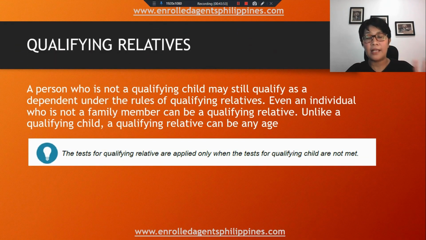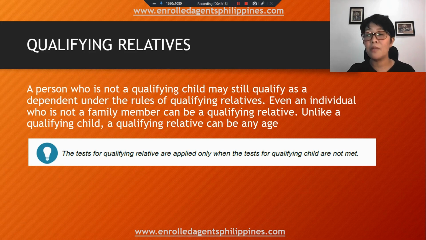So, okay, na-touch na natin qualifying child. No? So, punta naman tayo, qualifying relatives. Okay? A person is not a qualifying child. No? So, wala sa nabanggit. Hindi mo anak, kumbaga hindi siya child, stepchild, foster child, brother, sister, stepbrother, stepsister, half-brother, half-sister. No?